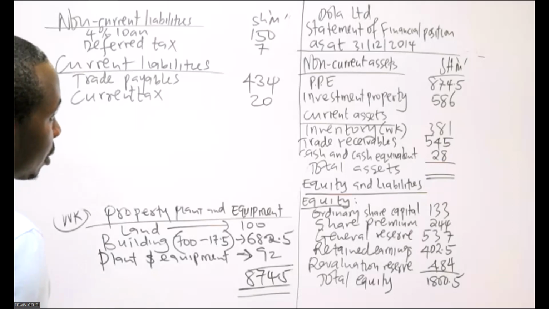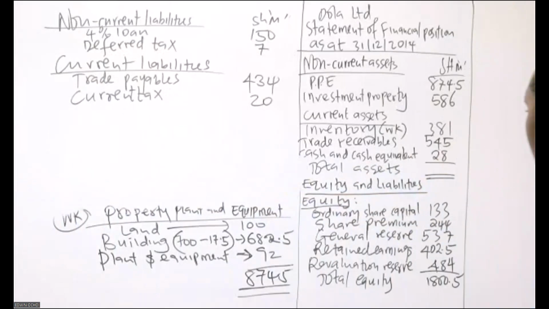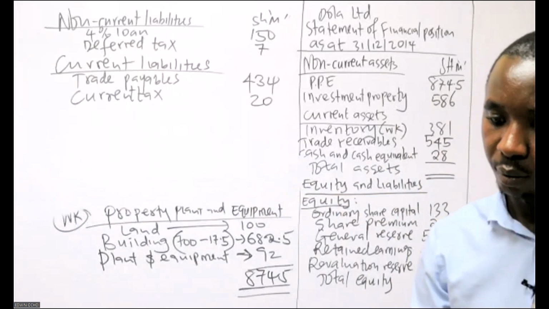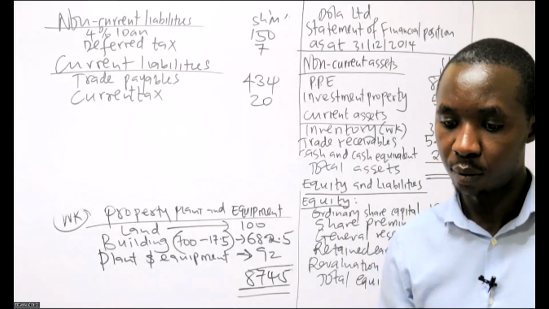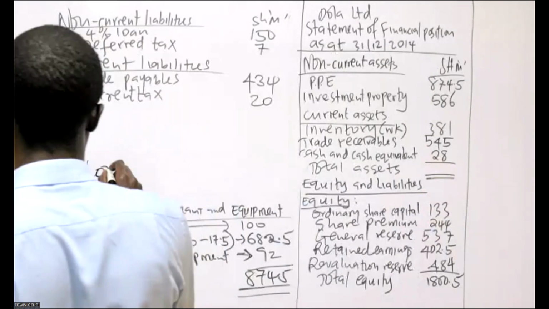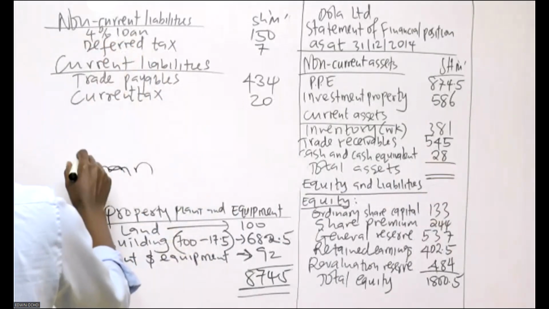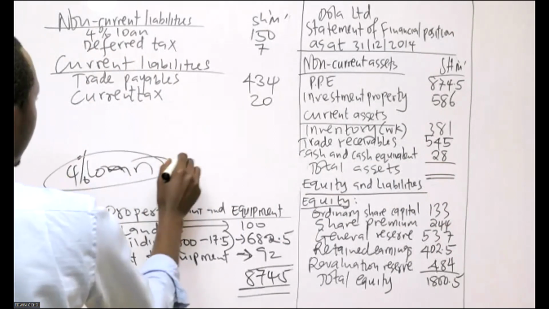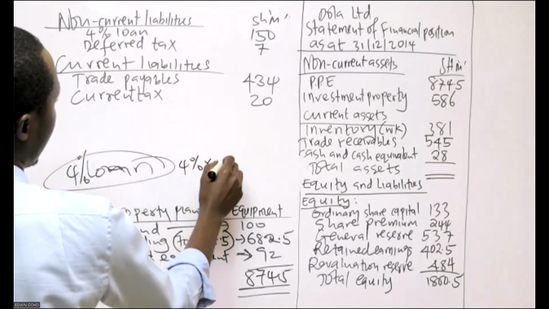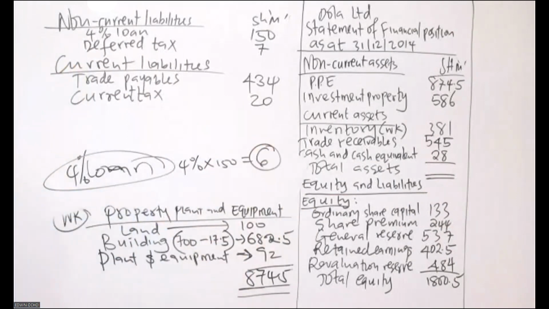So there's a loan, remember the loan, it's a 4% loan. So the interest we got is 4% of the loan, 150. The interest on this is an expense. The total 6 is an expense.